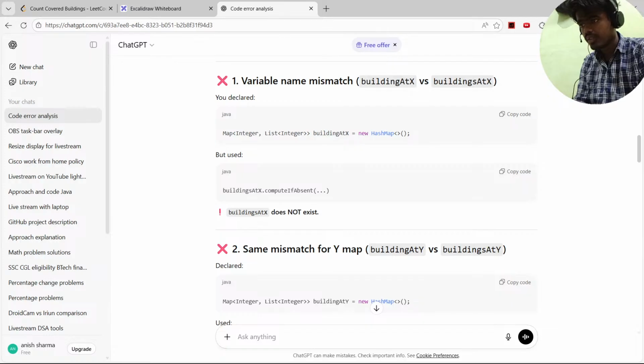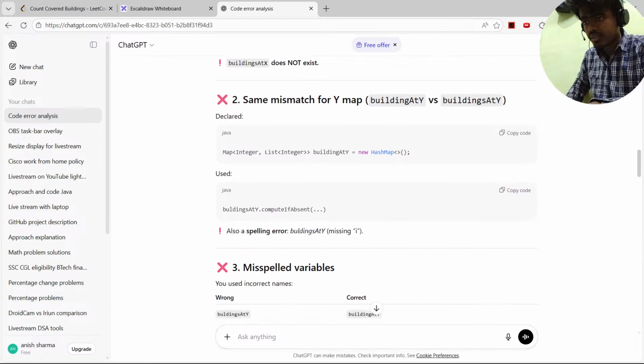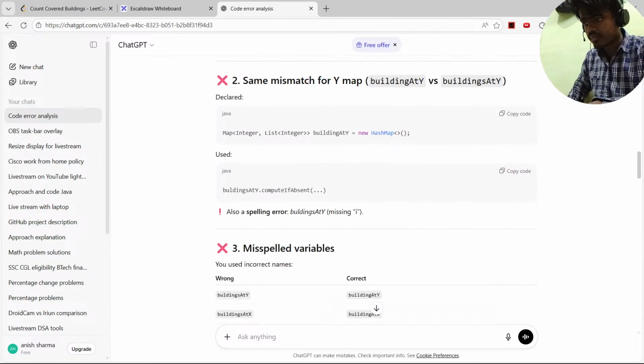Variable integer building at X if absent, okay, and same mismatch for Y at Y.